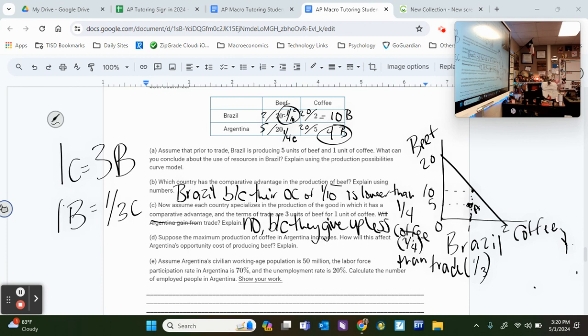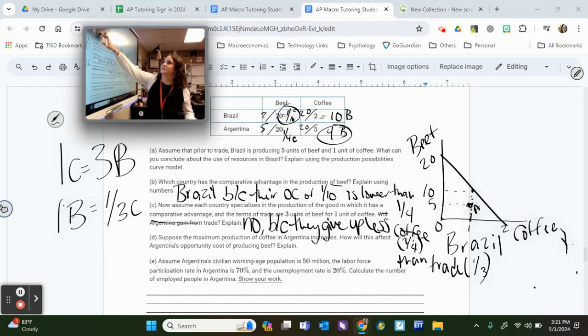Okay, let's talk about D. D is a good old trial and error type of question. It says, suppose the maximum production of coffee in Argentina increases. How will this affect Argentina's opportunity cost of producing beef? So what I would do is off to the side, make a brand new table.